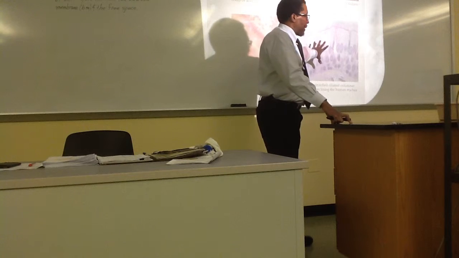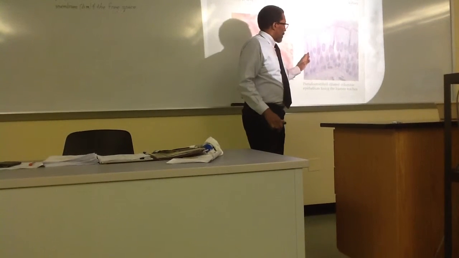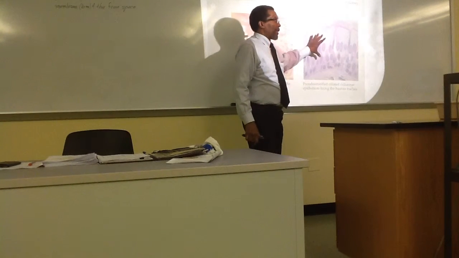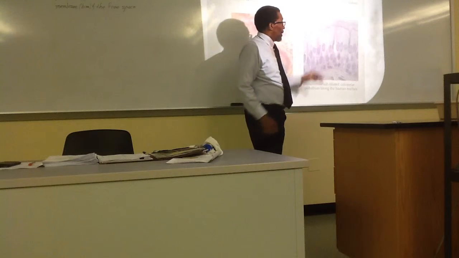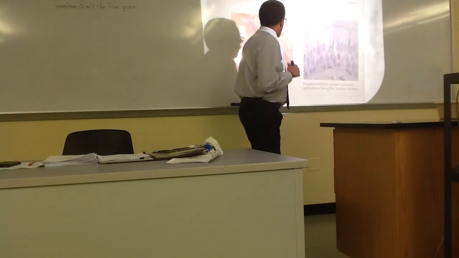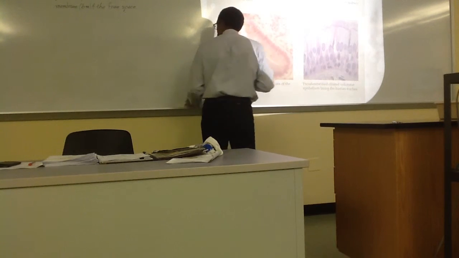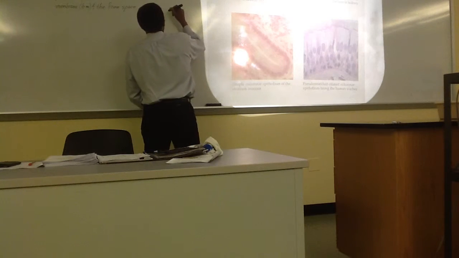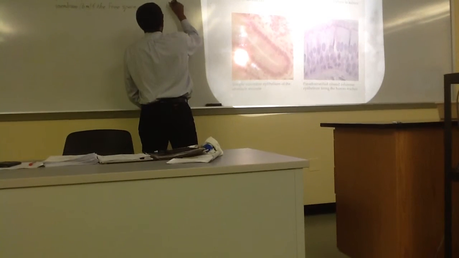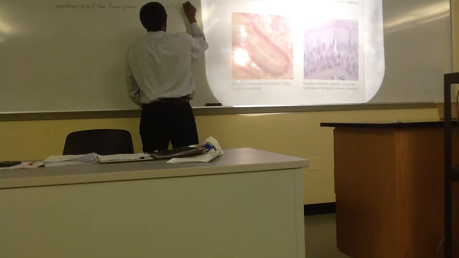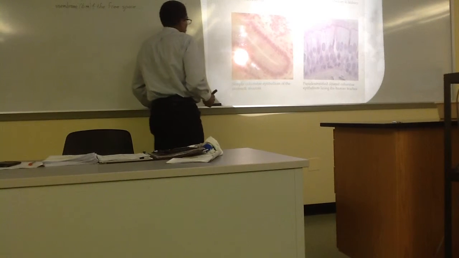One reason that these illustrations are too perfect is that they're usually at a greater magnification than what we will be looking at. You're going to study all of our tissues at 400x. All right?